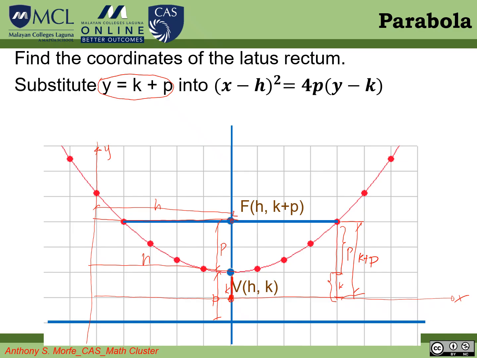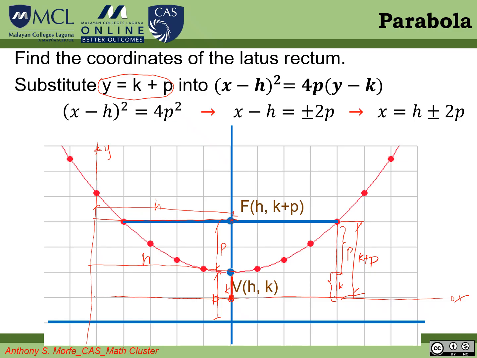Alright, so substituting it here, what will happen is this one. From the standard form, the quantity x minus h squared is equal to 4p times y minus k.